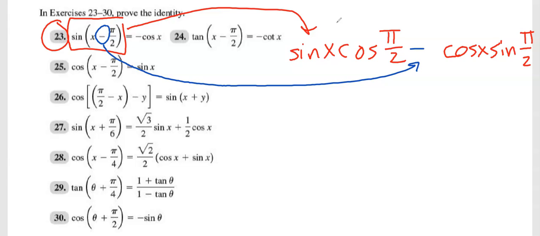What are you substituting in there? So sine is a y value, right? So sine is the y value at the top, so it's a 1, right? Yeah. And then what are you going to put in for cosine? Yeah. That's why things start disappearing.